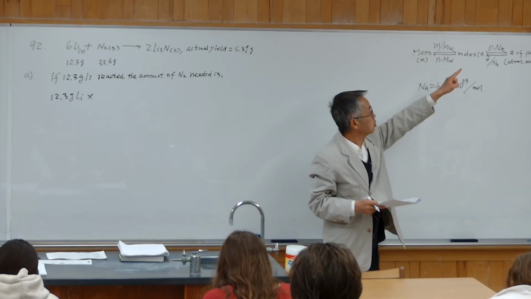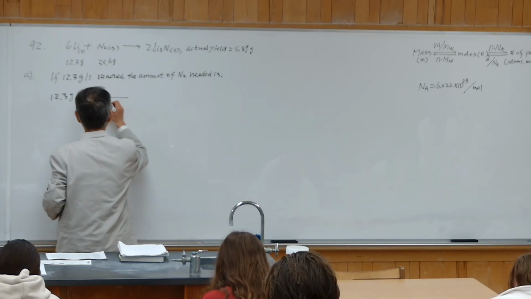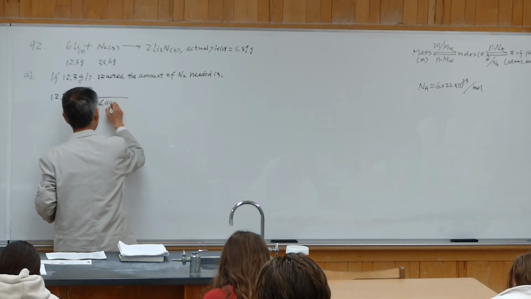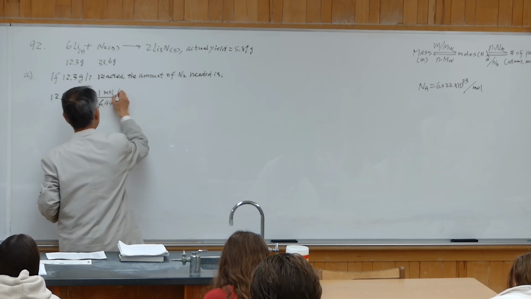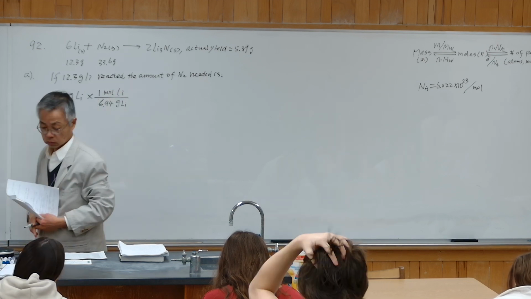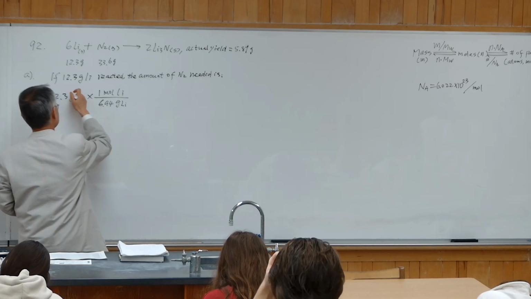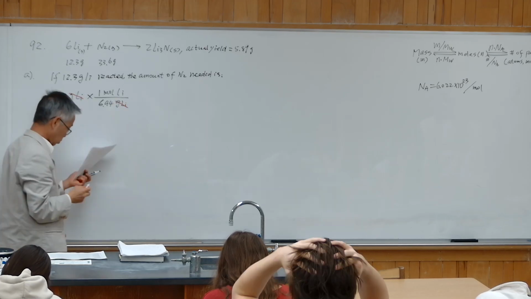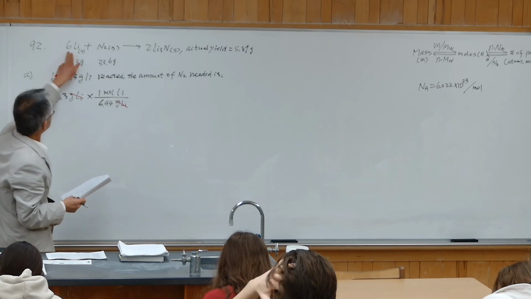Use the periodic table: 6.94 gram per one mole lithium. So gram cancels gram, leaving mole.